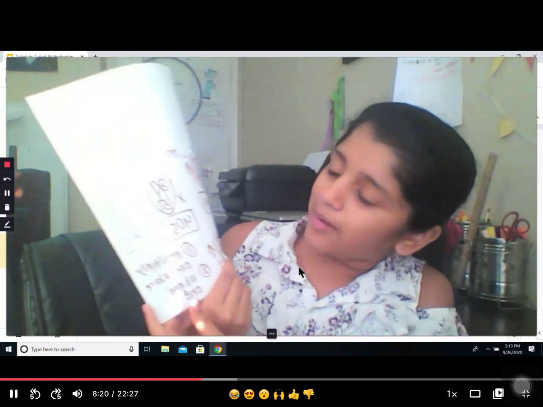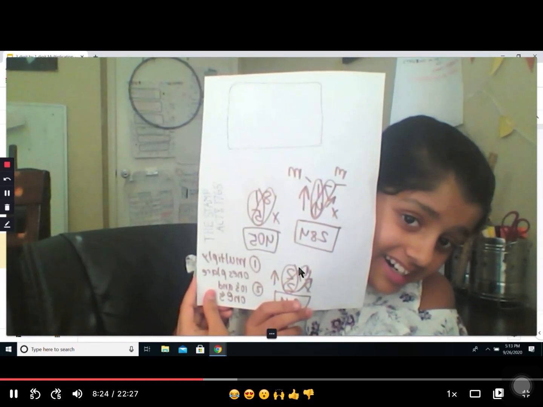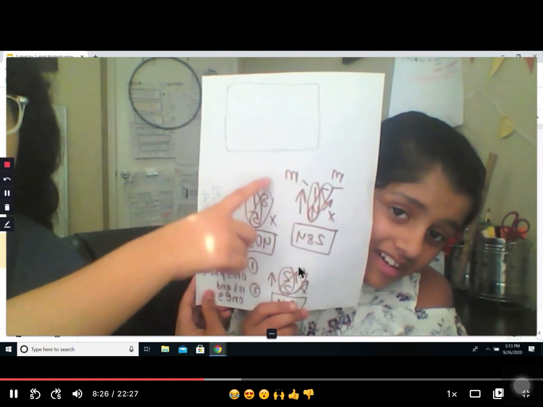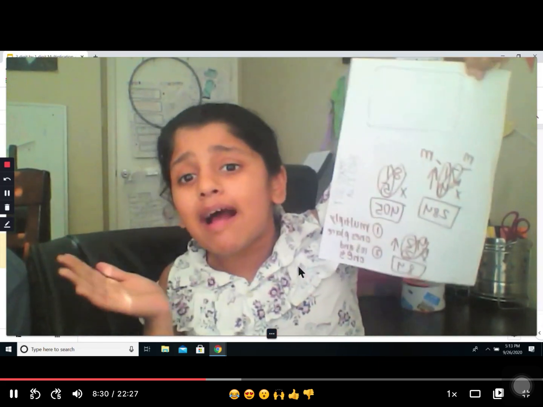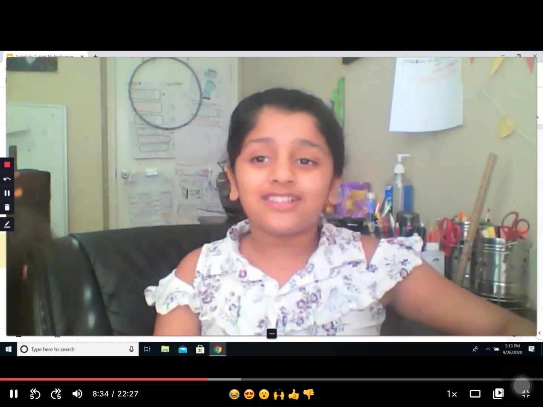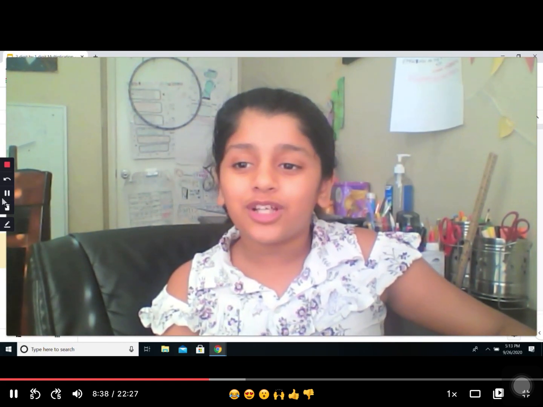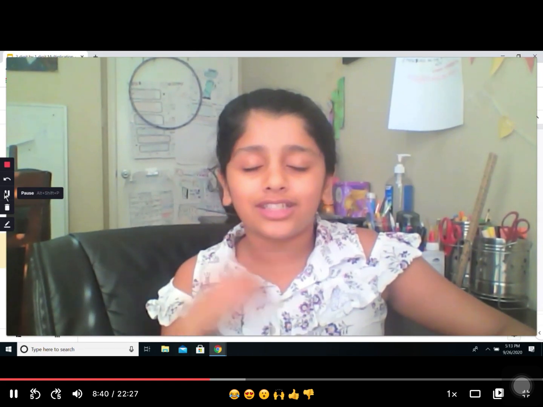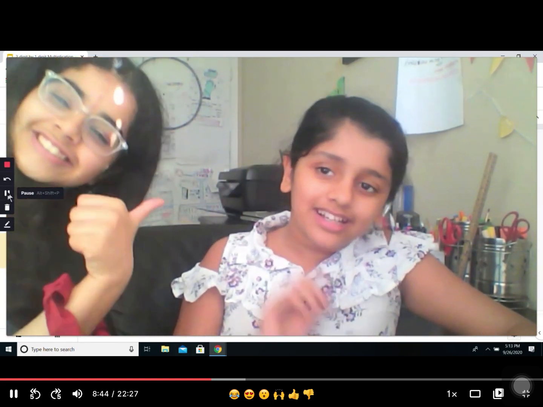I went 70 times 4. I said multiply up, then multiply diagonal. This is a great example of notes, and it doesn't even have to be neat. Just write it so that you guys can know it, okay? So now we're going to be doing the regrouping way of 2-digit by 1-digit multiplication. See you guys there.